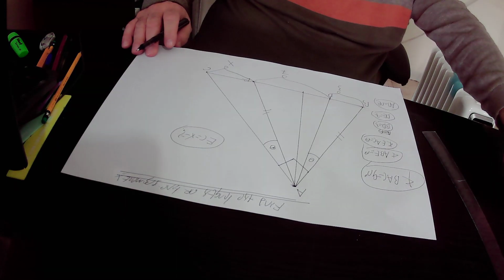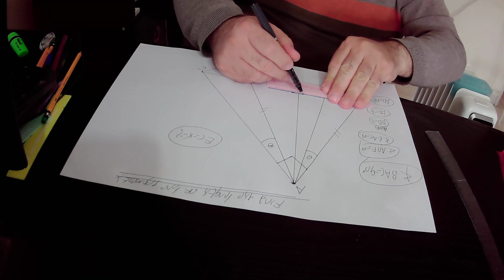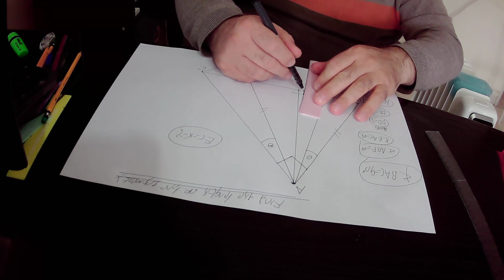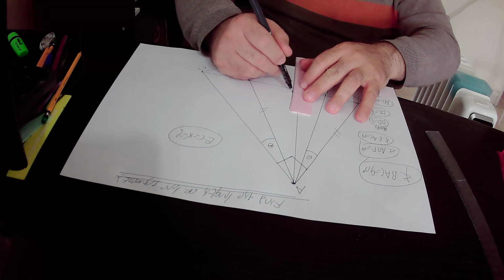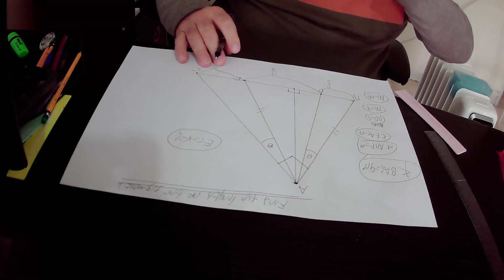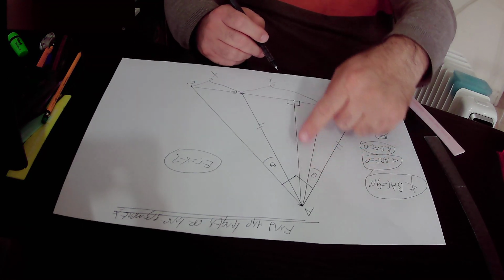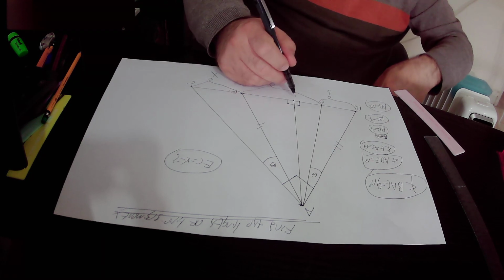So this angle equals 90 degrees, and this angle is also equal to 90 degrees, and we define the touching point of the perpendicular from point A to BC as M.